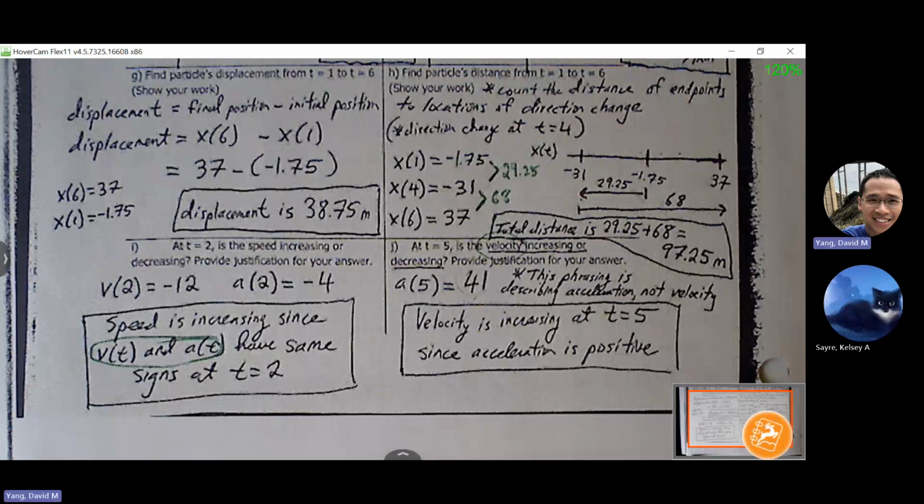What's the slope? Yeah, that will be undefined. Which is acceleration. Right.